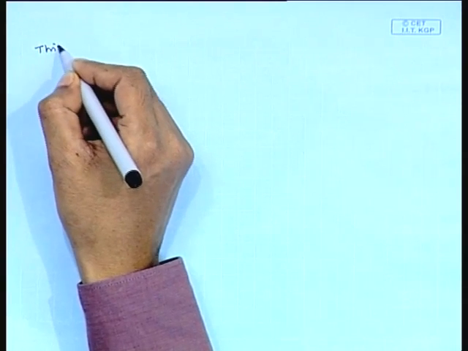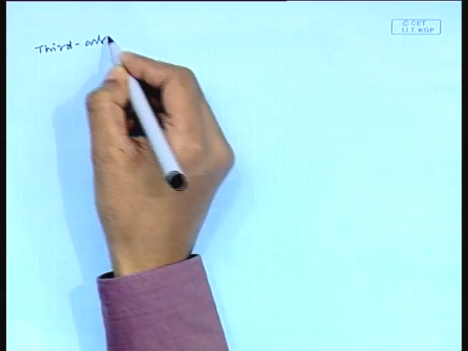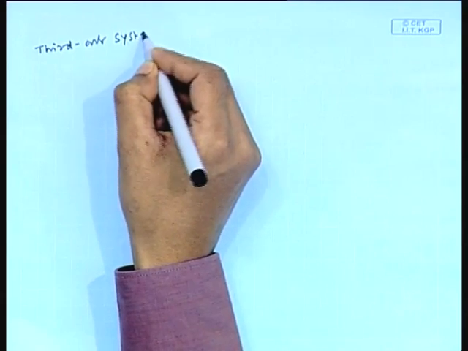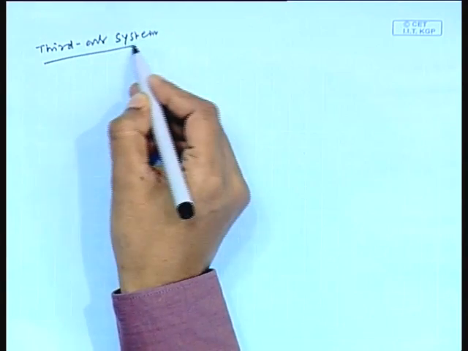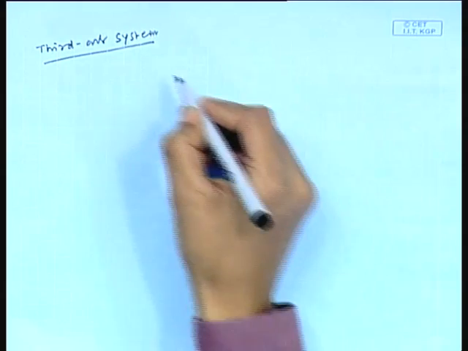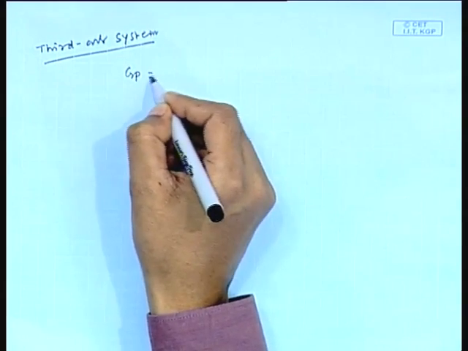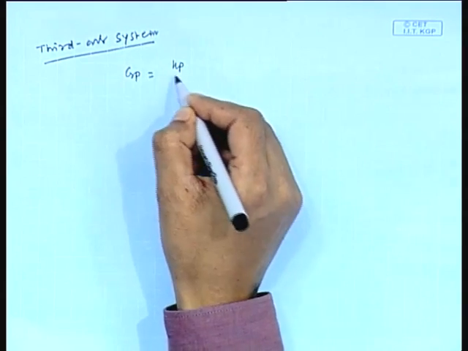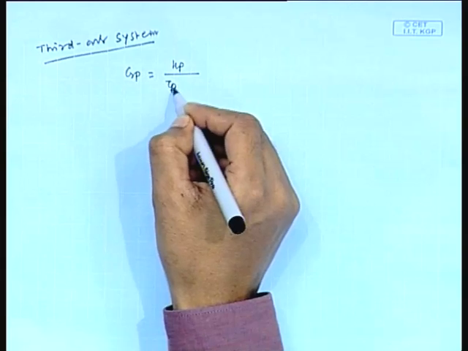Next, we will consider the third order system. Suppose the transfer function of the process is Kp divided by tau P s plus 1.